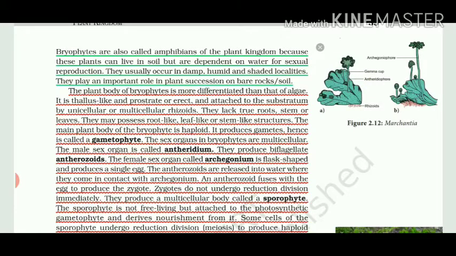So, the first species which start growing on a bare land are lichens. We all know lichens are the association, a symbiotic relationship of algae and fungus. When they are growing, they release some acidic substances. Because of those acids, the rocks get corroded, and you all know that leads to weathering.